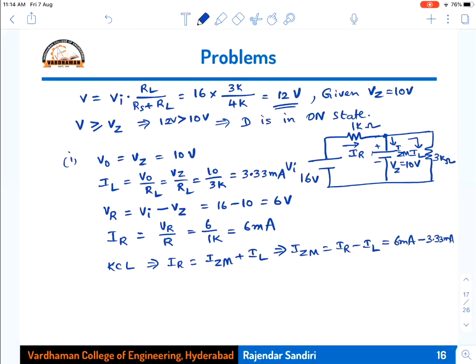Then you will get approximately 2.67 milliamperes. That is your IZM.